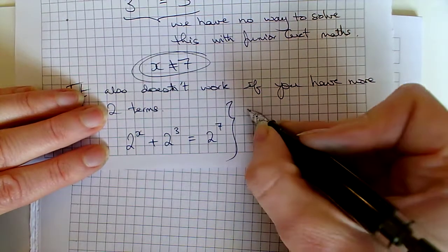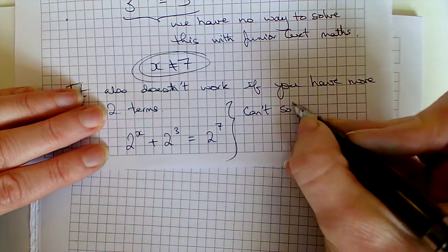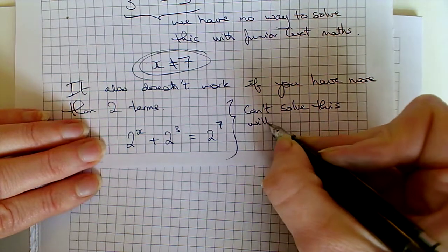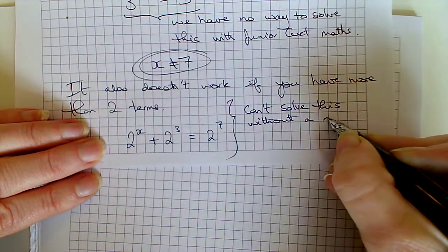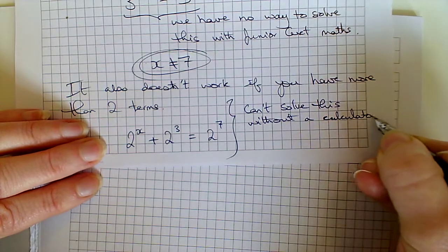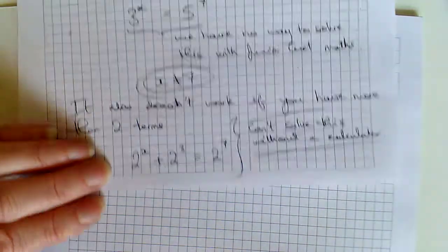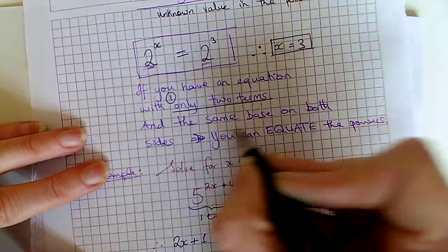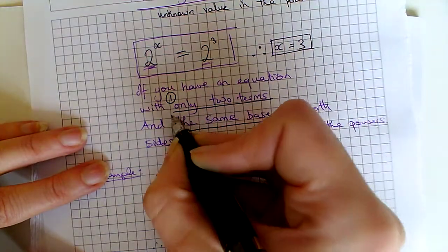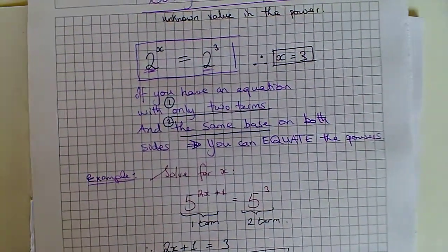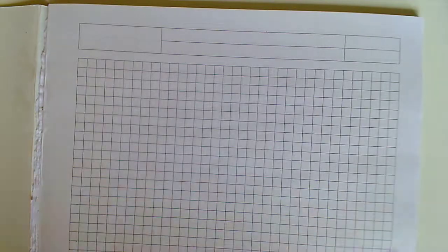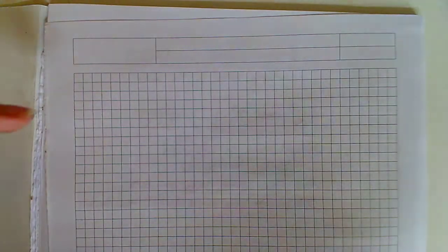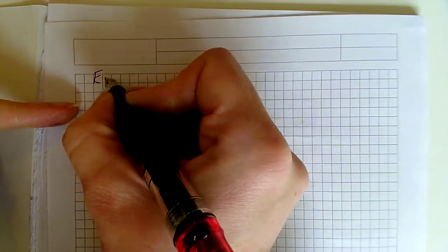So I also can't solve this without a calculator. So we need to have only 2 terms, and we need to have the same base. That's really, really important. Let's do one more example with these, and then I'm going to ask you to do a bit of practice with this before we move on to harder examples.